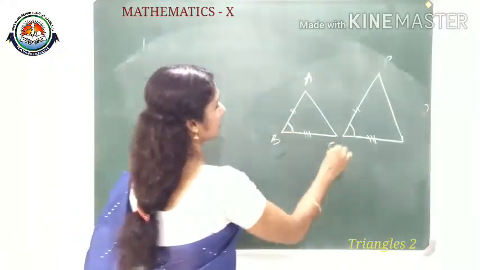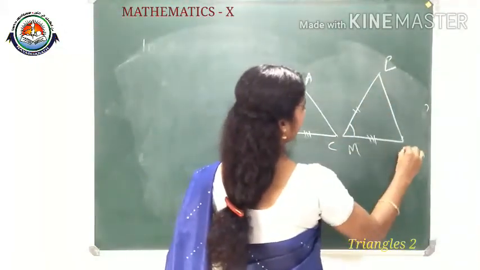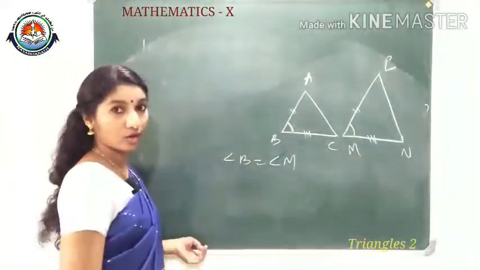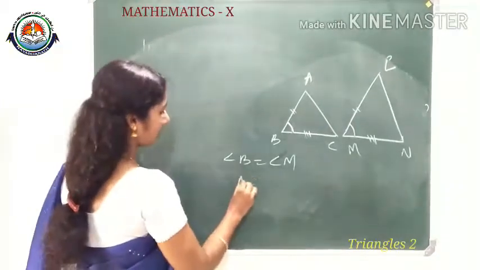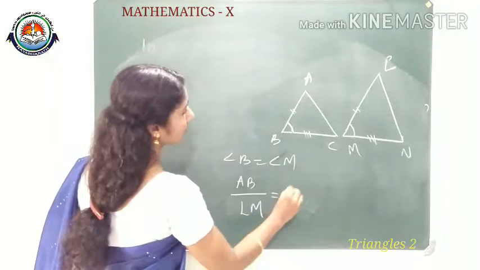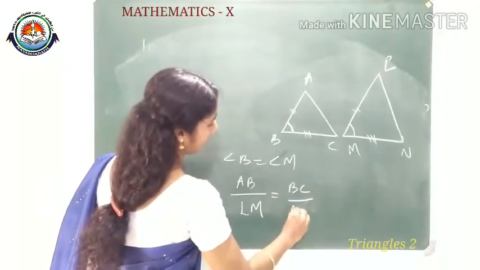Okay. So here, triangles ABC and LMN. Here angle B is equal to angle M. We got one angle equal, and we got the ratio AB by LM is equal to BC by MN.